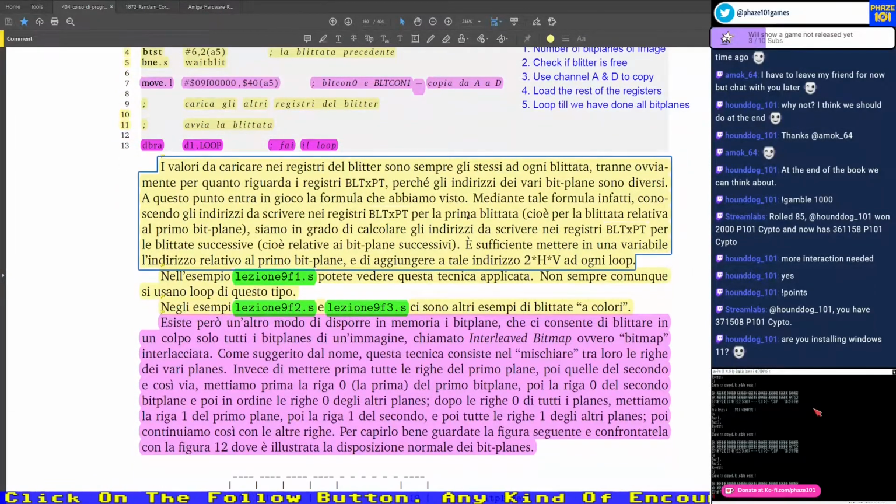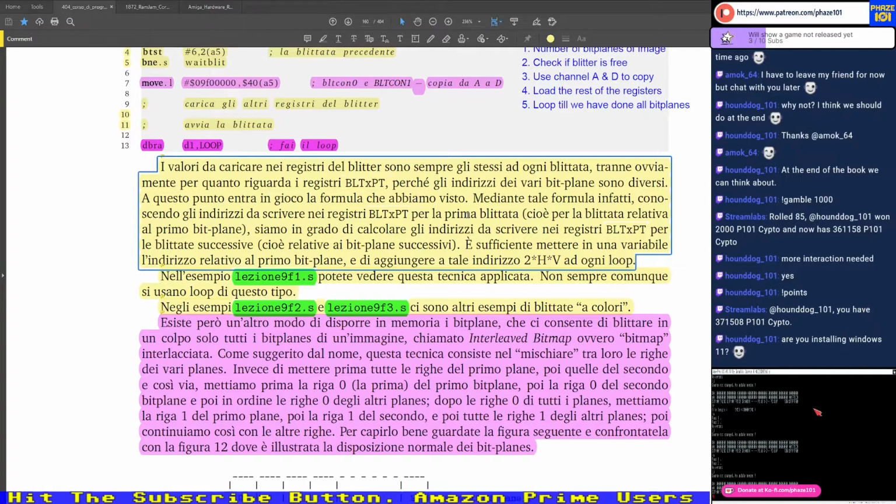The values we use to load the blitter, and this is interesting, are basically always the same for every blit, except for the registers which are the bit plane pointers, the source and destination pointers. So everything else remains the same.